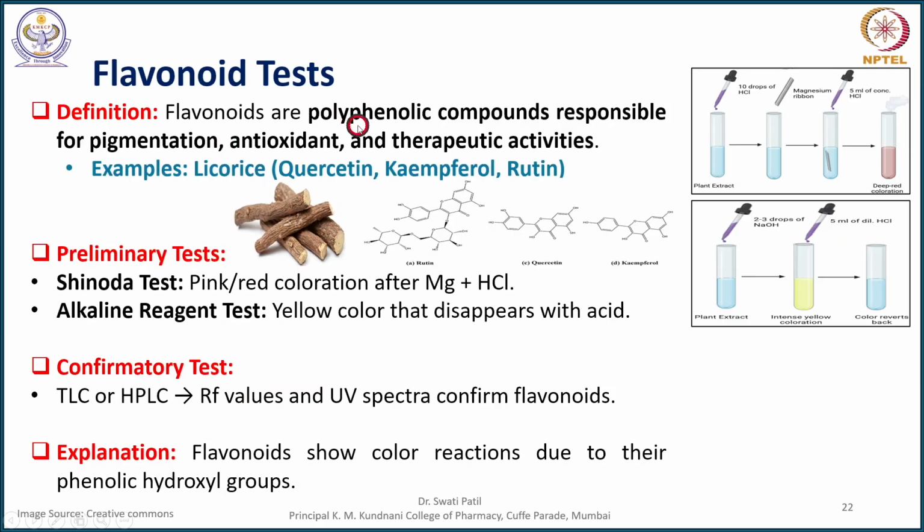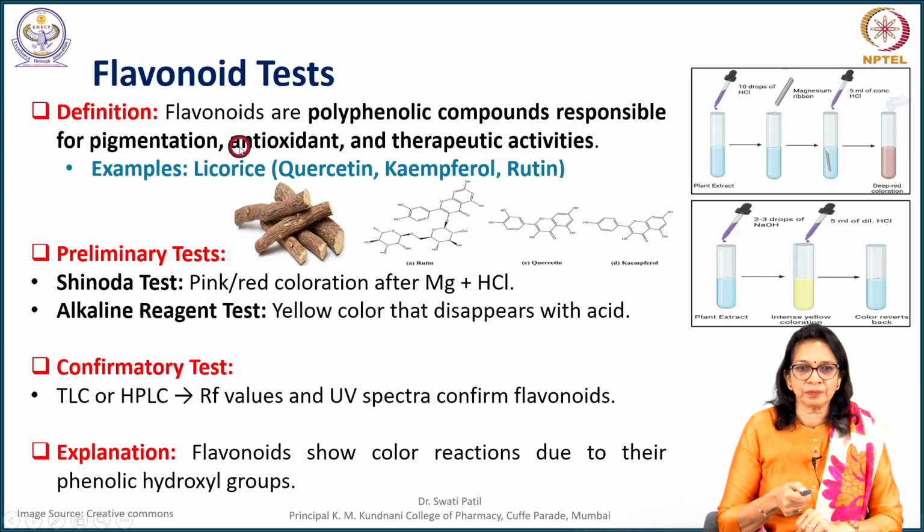Flavonoids are an important class of compounds. These are polyphenolic compounds responsible for pigmentation, antioxidant and therapeutic activities, and they are present in licorice. Quercetin is an important flavonoid. A very important test called the Shinoda test is used to detect flavonoids. When magnesium ribbon and HCl are added, it gives pink to red coloration.